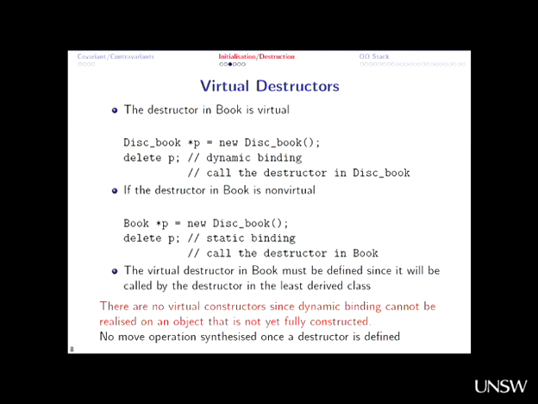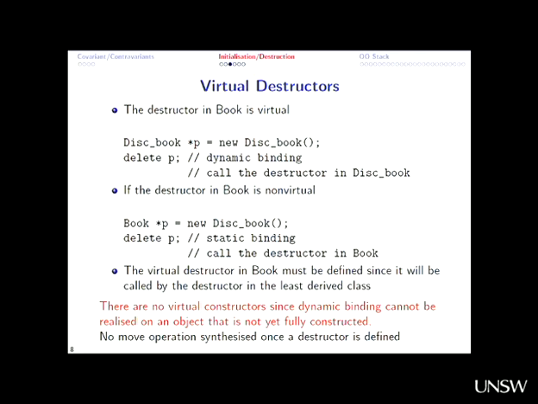So this is where some important stuff comes up. Constructors are not virtual. We went into that on Monday. The reason is that it doesn't make sense for a constructor to be virtual, because an object isn't actually finished being created until the constructor finishes. So you should never have a constructor call a member function.